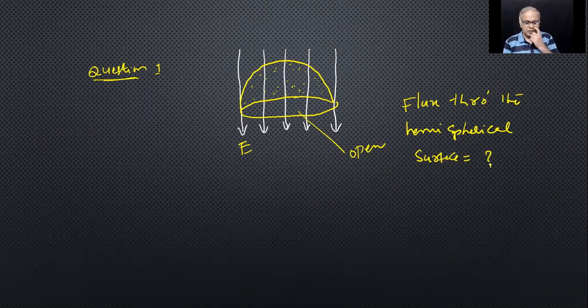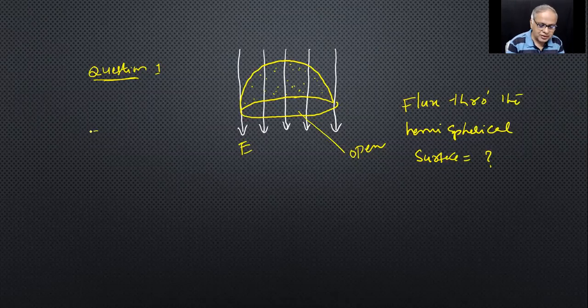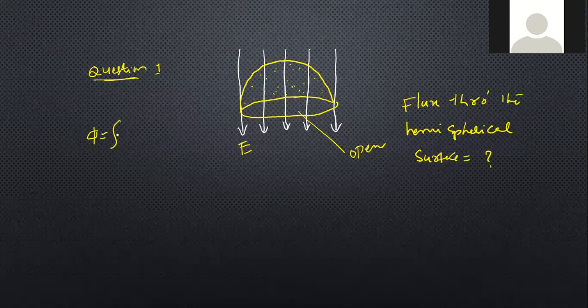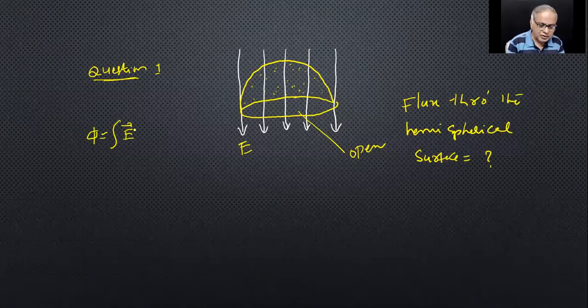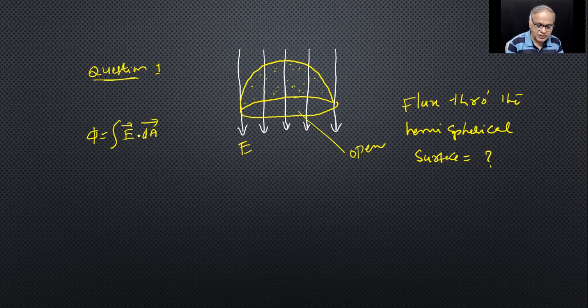We've got the basic method of doing it, from E dot dA, isn't it? Yes. Flux equals integral E dot dA. This is the basic definition of flux, a surface integral. Over the surface, you need to integrate it.